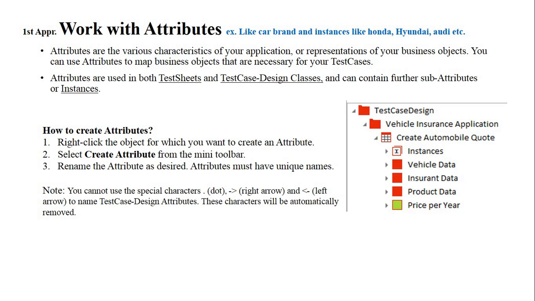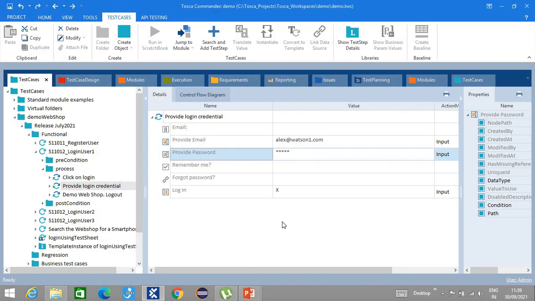Okay, so what are attributes? Attributes are various characteristics of your application or a representation of your business objects, and you can use an attribute to map the business objects that are necessary for your test cases. We have a scenario of login functionality, under which we are providing the email ID and password.